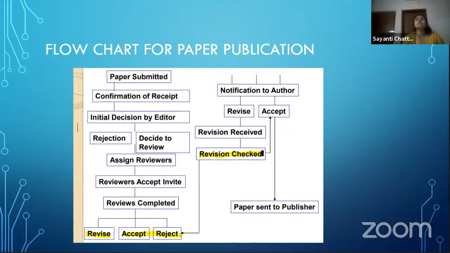But as you are the learner, you should be polite. You should not write things in a very rough manner. After revision, there may be 2 outcomes: accept or reject. If it is accepted, the paper is sent to the publisher.